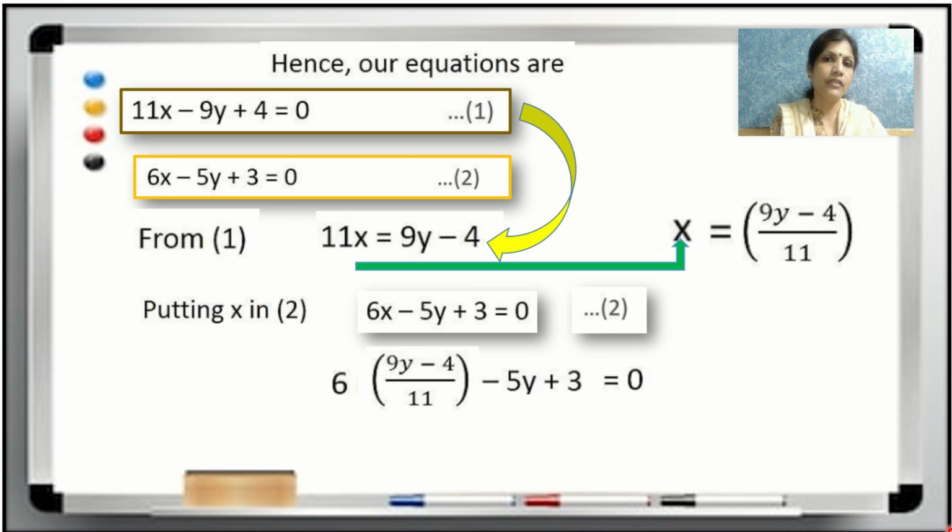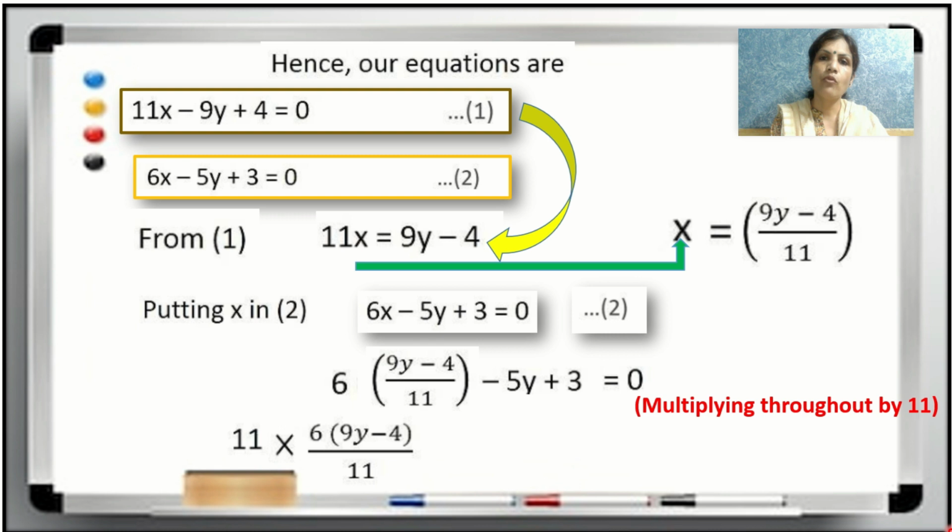Now if you observe this, we cannot cancel anything. So what can be done? Because I don't want anything in the denominator, we will multiply this equation throughout by 11 so that I can cancel this 11 from the denominator. So we will have 11 × 6(9y - 4)/11 - 5y × 11 + 3 × 11 = 0 × 11.